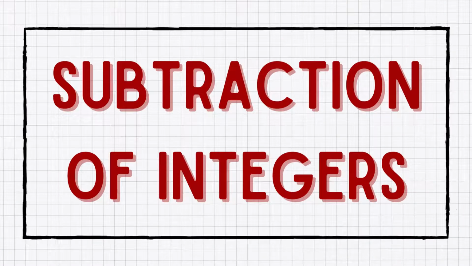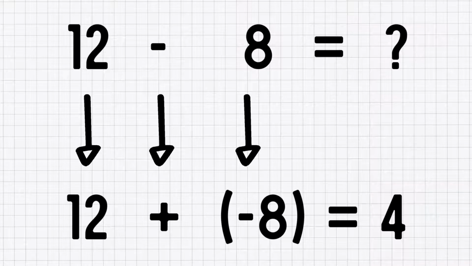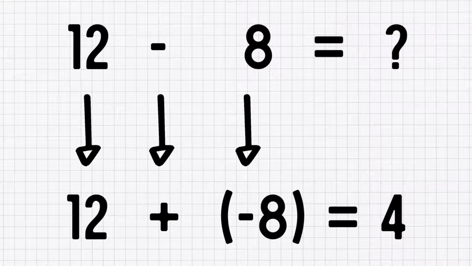Let's move on to subtraction of integers. In subtracting integers, we need to add the opposite, then we follow the rules on adding integers. For example, the given is 12 minus 8. What we need to do first is to copy the first number, which is 12. And then we change the operation to addition.